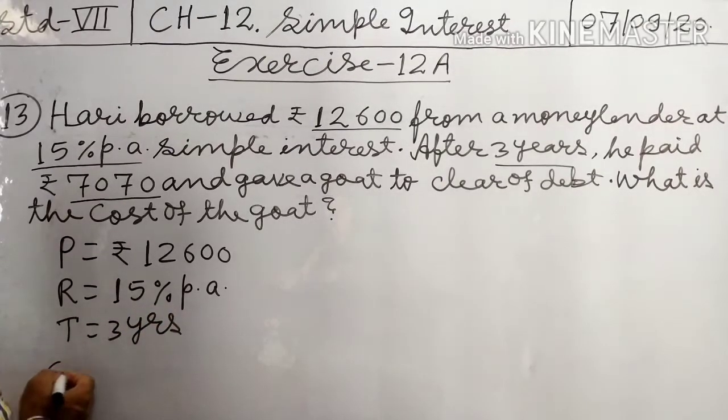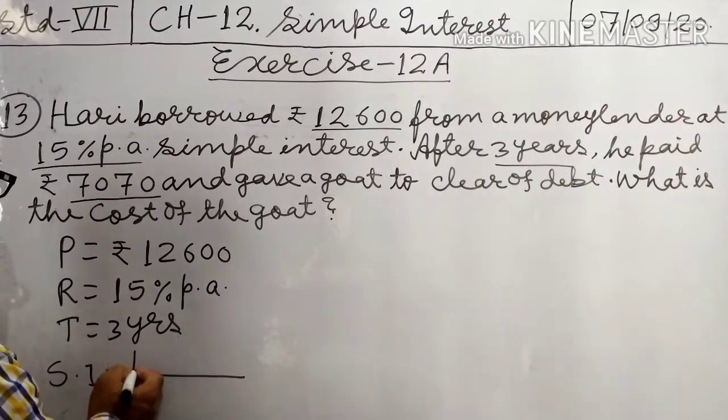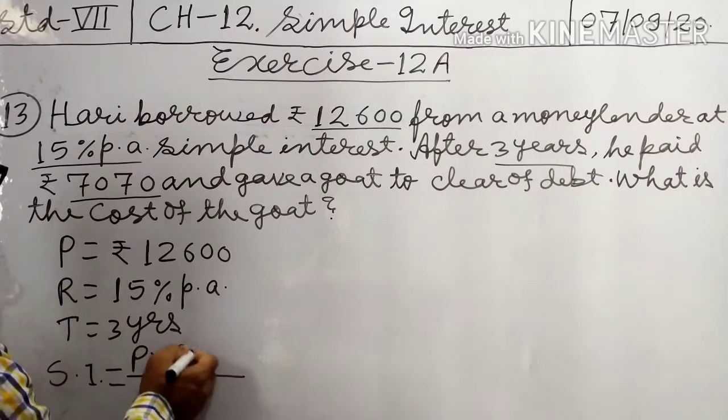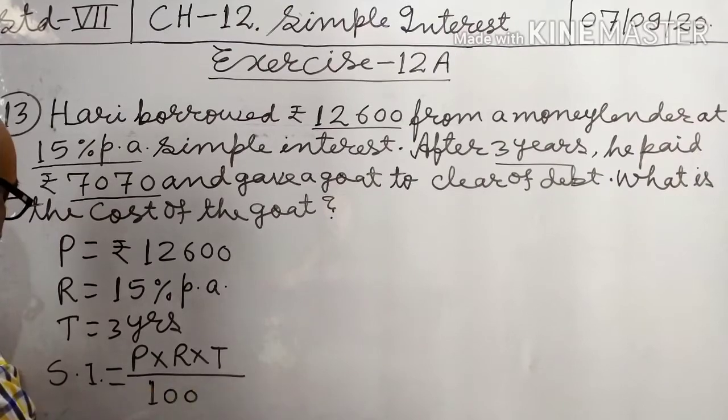So find SI equals P into R into T by 100.